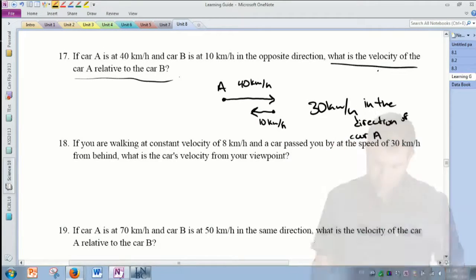So if you're walking at a constant velocity of 8 kilometers an hour, it's pretty fast for walking. So here you are going 8, and then a car passed by you at a speed of 30. So here's a car.